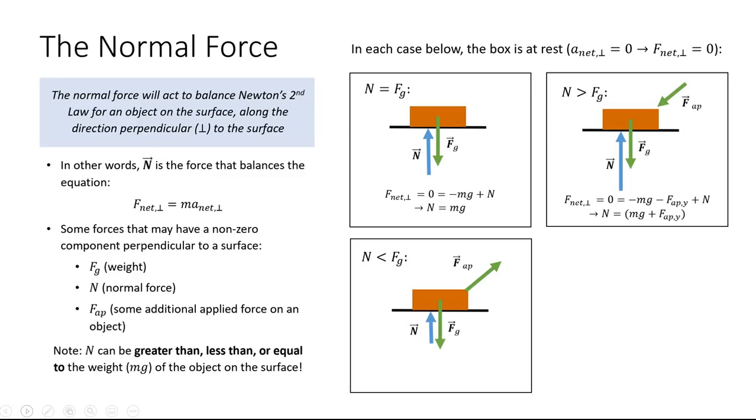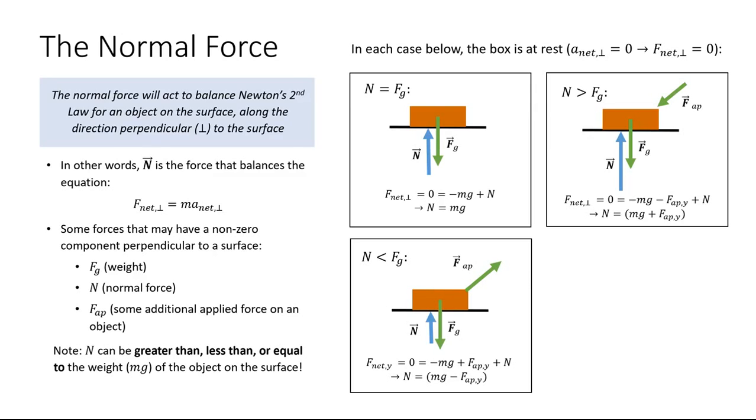Then if I were to think about the net force perpendicular to the surface, or in other words, in the y direction, I would still have the weight pulling down, so minus mg. Now the y component of this applied force would be generally pointing up. So here I would say that y component is going to be plus F applied y. All right, and then we know the normal force is also going to be pushing up on the box from the surface. And so I would also have my normal force in this equation.